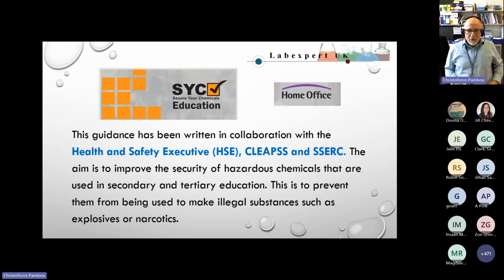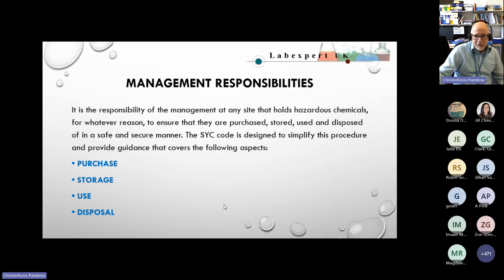The aim was to improve the security of hazardous chemicals used in schools, mainly secondary and tertiary education, and to prevent them from being used to make illegal substances such as explosives or narcotics. This came out at the time of the Terrorism Acts. It's been around a while, but it's not talked about as much now. But I think it's a really important document that every technician should be aware of.